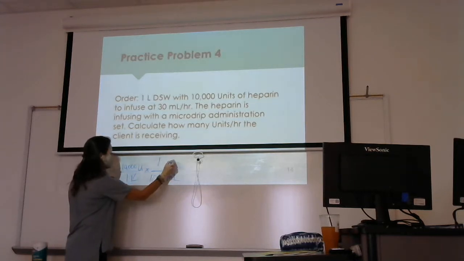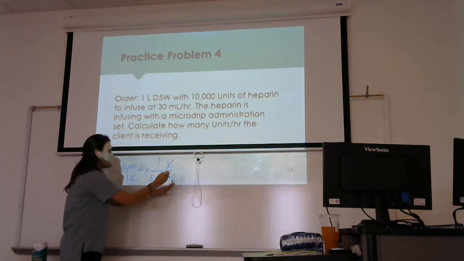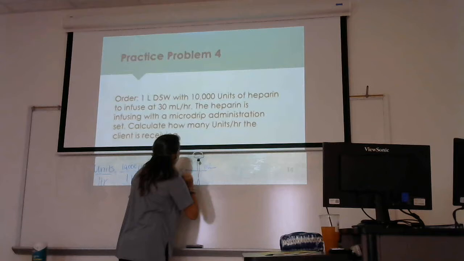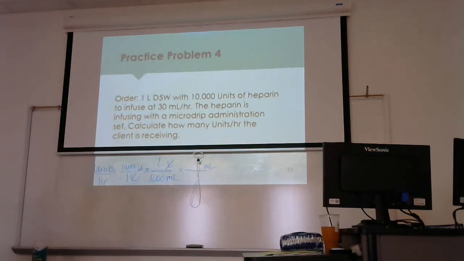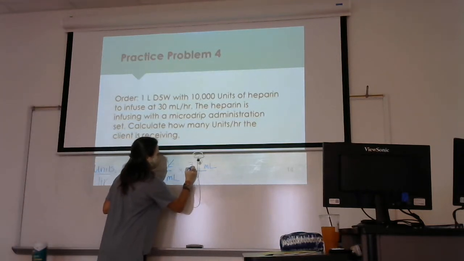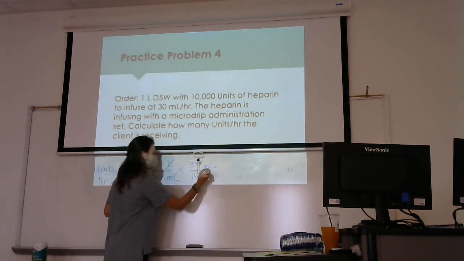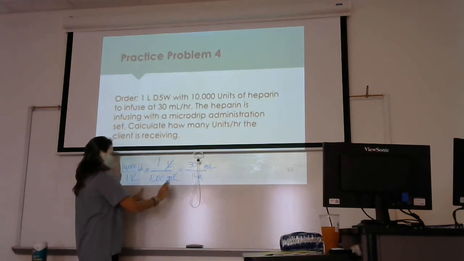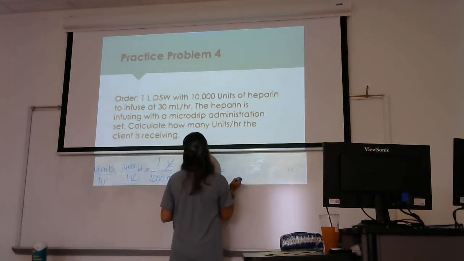Then we're going to stop, evaluate, units per milliliter, still not there. Keep going. We know that milliliters up here though. What have we got now that will fit? 30 milliliters per hour. Our milliliters cancel. Now we've got units per hour. And that's what we need.